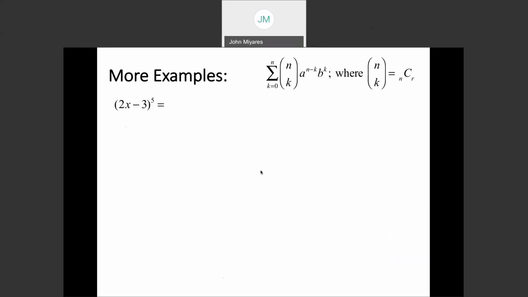Following the pattern, just like before, the powers of the expression 2x are going to start at the high power of 2x all to the fifth power and work their way down to 2x to the 0 power.